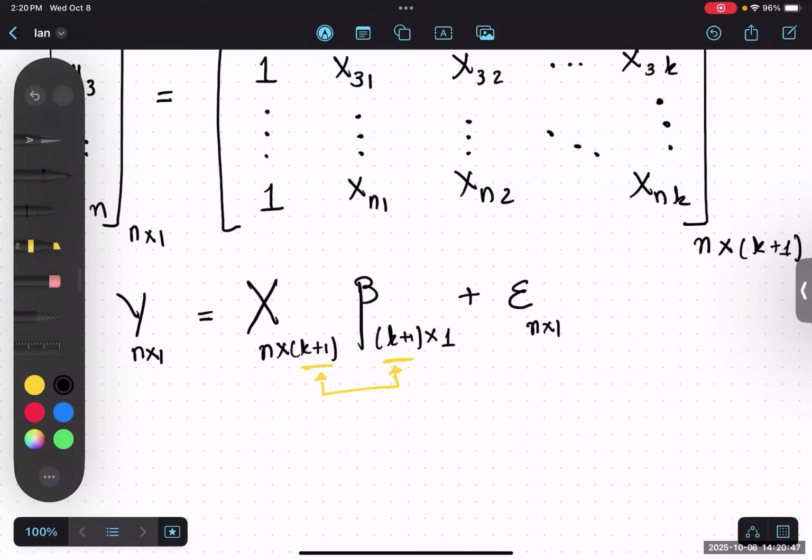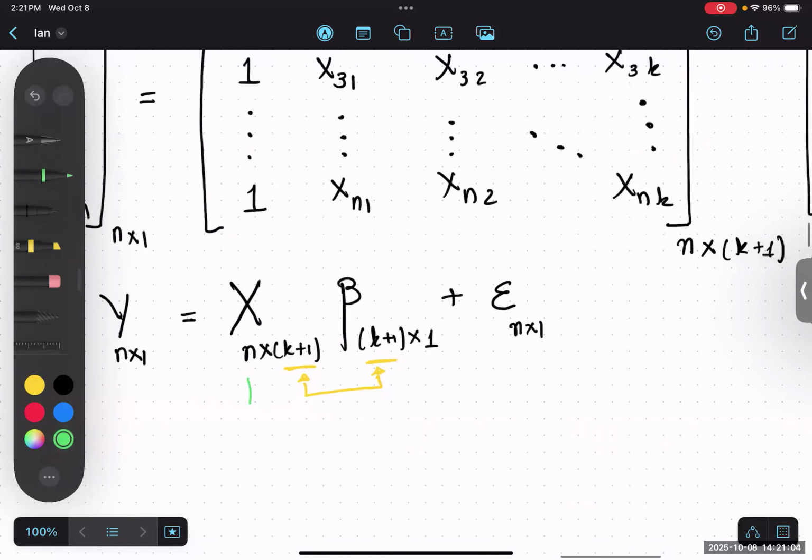So when you make the product of your matrix X and your vector of parameters beta, you will obtain a resulting vector with n rows and 1 column. Clear, right? That comes from these two, which is precisely the same dimension that my vector of dependent variable has, and same for the vector of residuals.